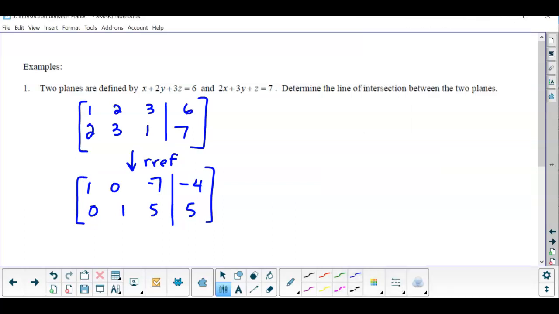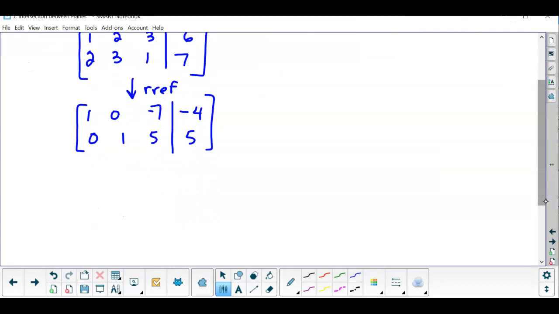Here, this really means y plus 5z equals 5. So if I let z be, say, parameter t or lambda or whatever you want, then I'm going to have y equals 5 minus 5t.